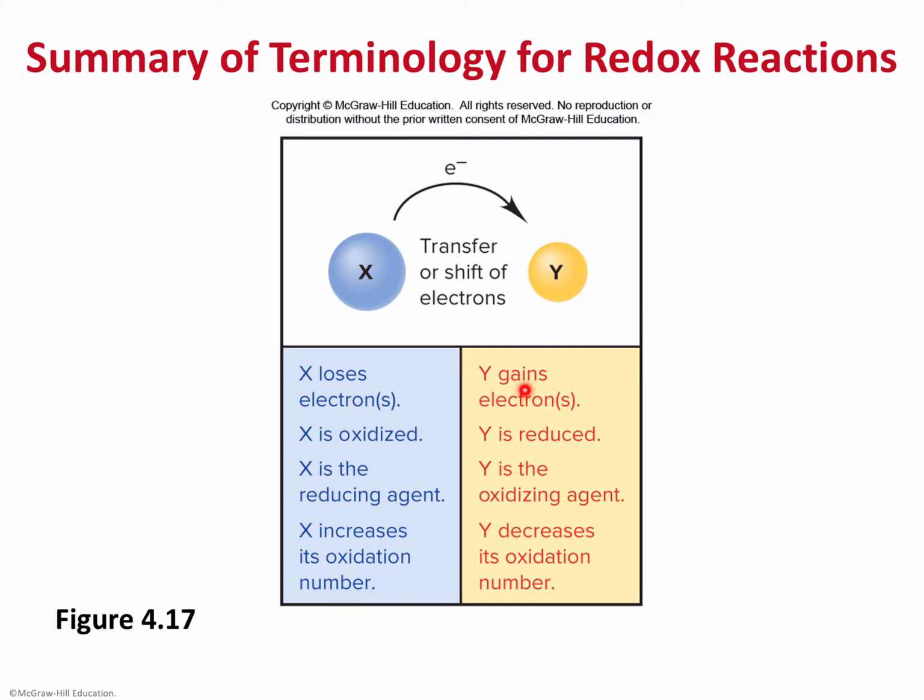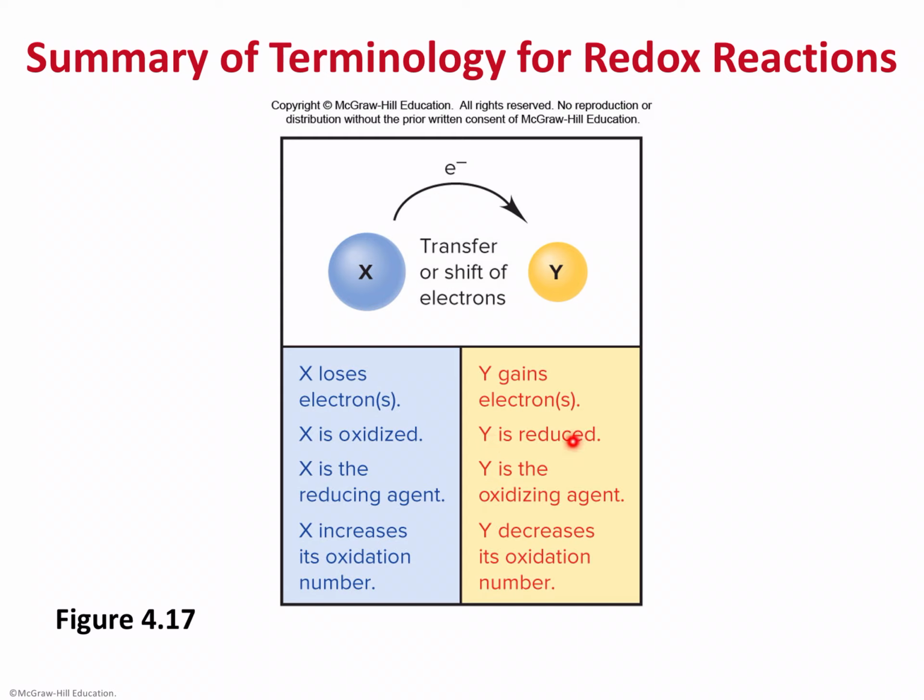Now Y gains electrons from X. So then Y is reduced. OIL RIG: reduction is gaining. Okay, I think I said something wrong, but anyway, reduction is gain. So Y gains electrons, so Y is reduced.